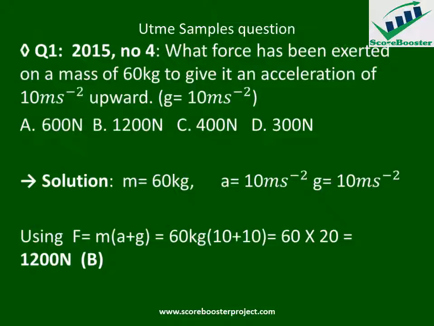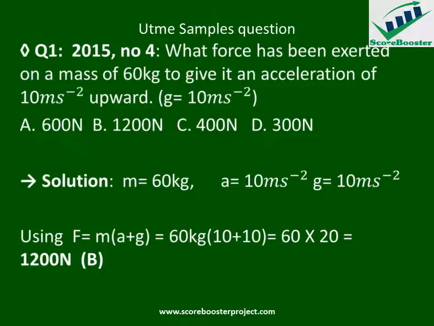The solution to this question: the first is to write out the given parameters, and from here you have the mass to be 60 kg. Then the acceleration A is 10 meters per second square, while acceleration due to gravity is 10 meters per second square also.